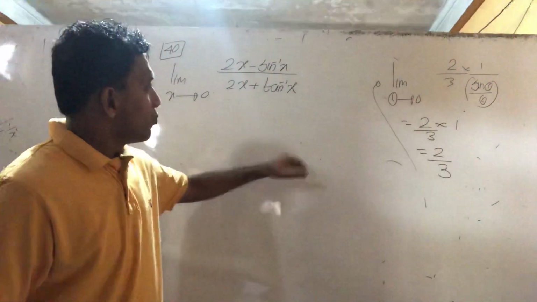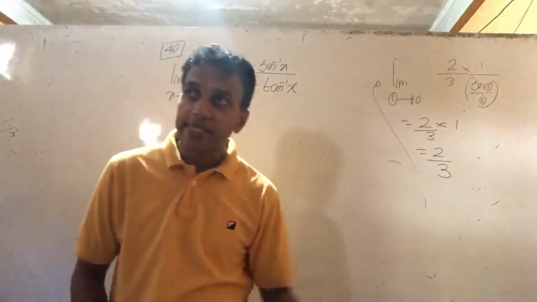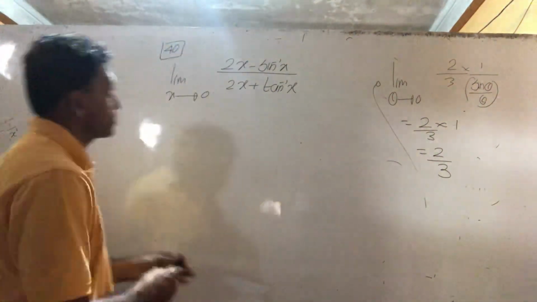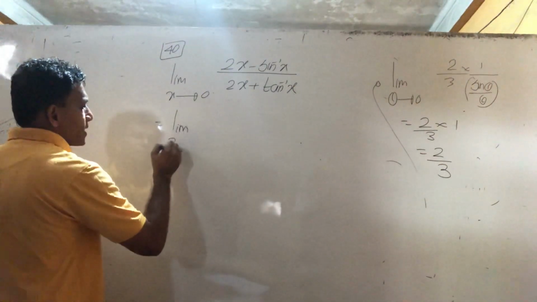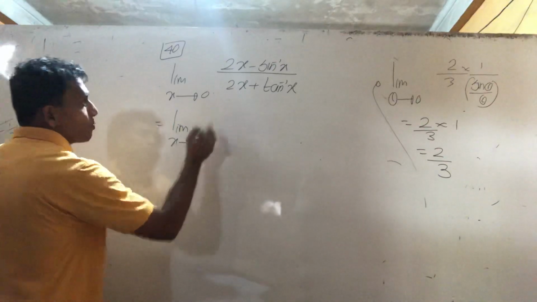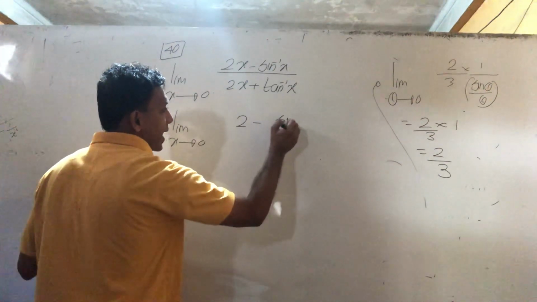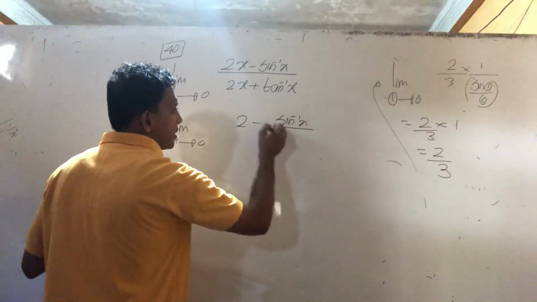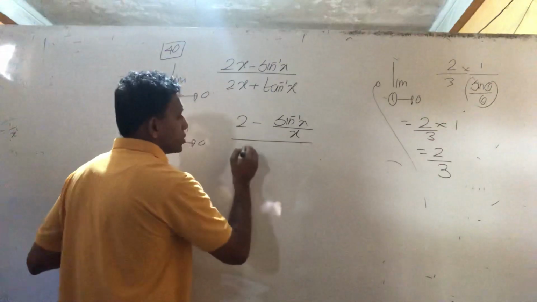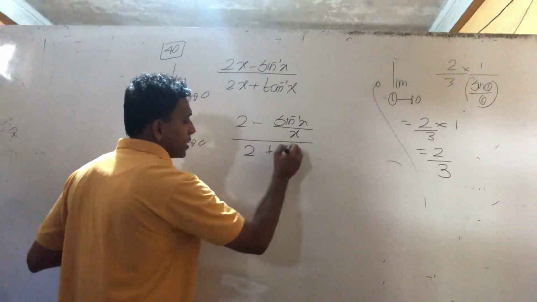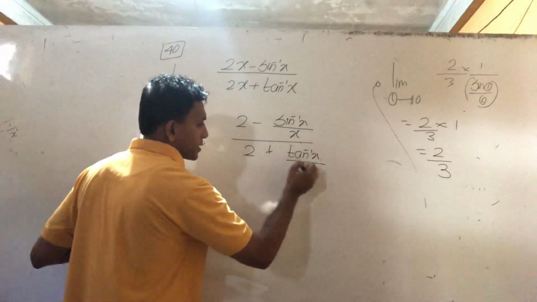Okay, so very first I divide the numerator and denominator by x. Limit x approaches 0, here 2 minus sine inverse x over x, the x cancels there, over 2 plus tan inverse x over x.